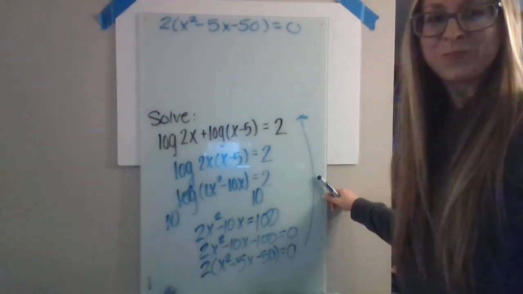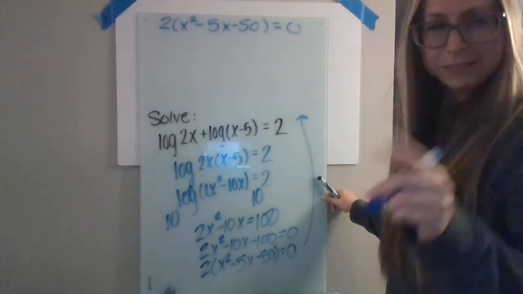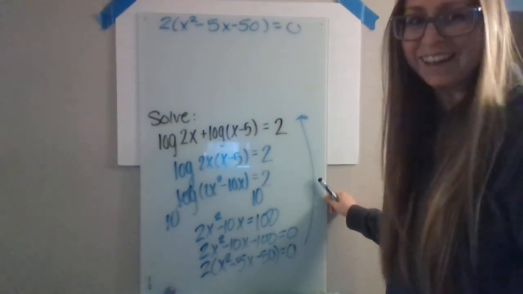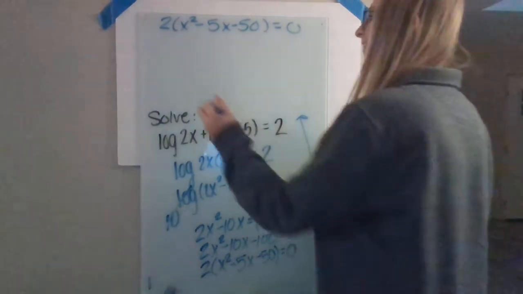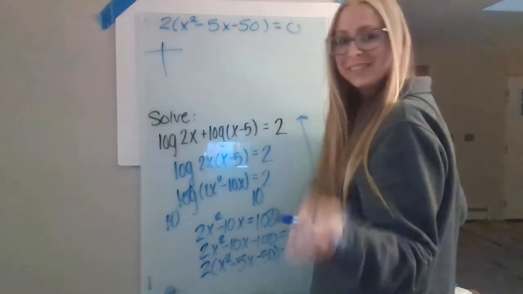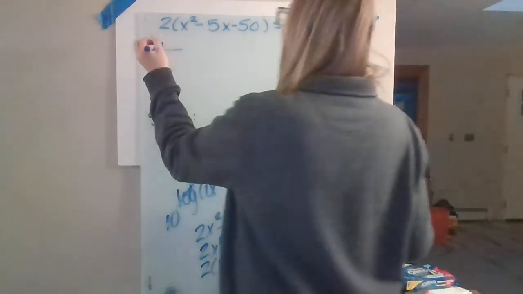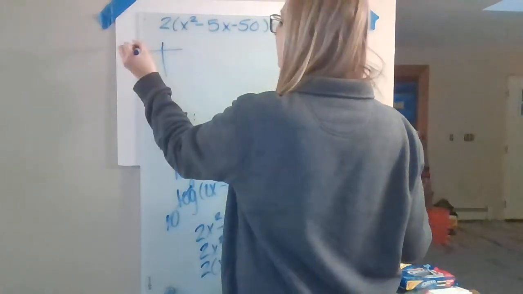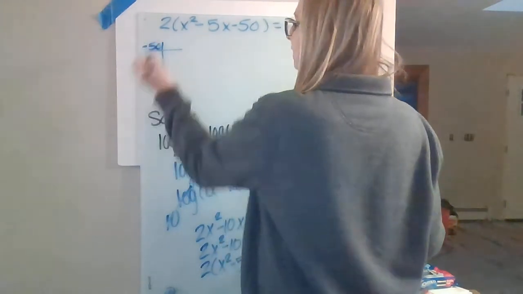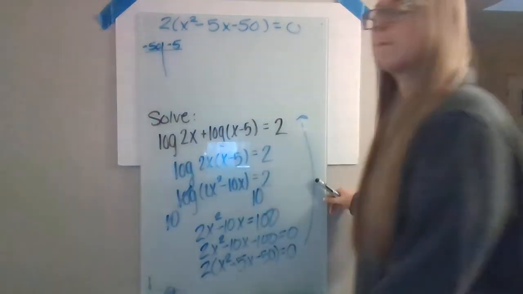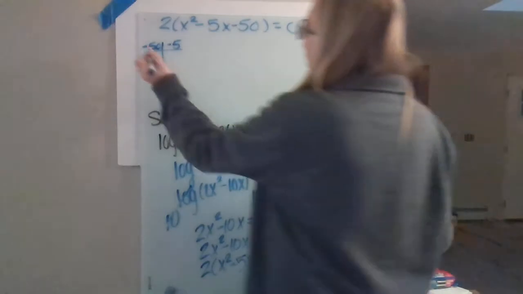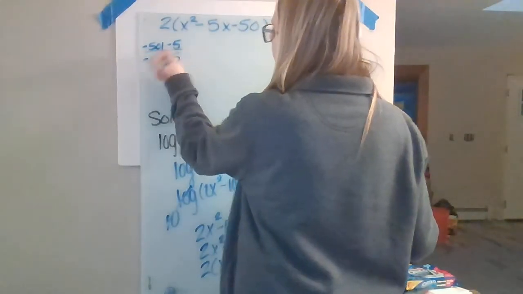All right, so I think you guys might miss this, but when there's 3, we make the t. Come on, you know you missed it just like a little bit. All right, so a times c, what adds to b? We're looking for what multiplies to 50 and adds to negative 5, negative 10 and 5.